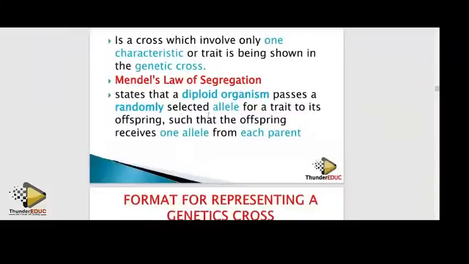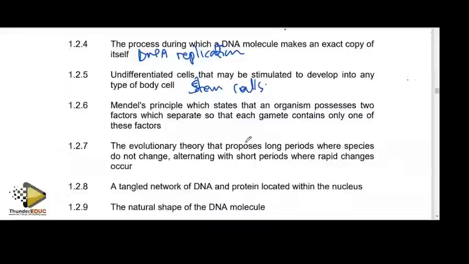The diploid organism passes alleles randomly. We don't know which one it is, but it happens randomly. How do you pass this? We pass them through gametes, such that the offspring receives one allele from each parent. So this is Mendel's law or principle of segregation.